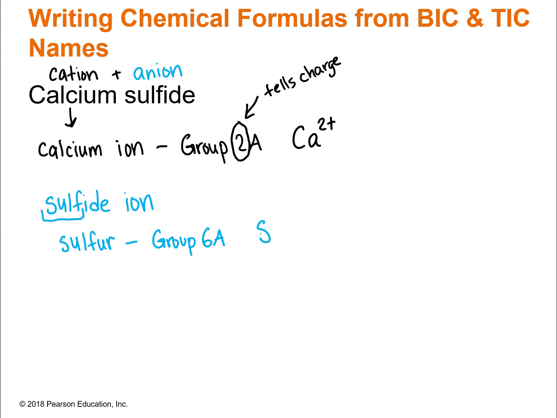What is the charge for the sulfide ion? It should be 2-. And the way we get that, we take the group number, which is 6, and subtract 8. That gives us -2. So we've got our cation and our anion.